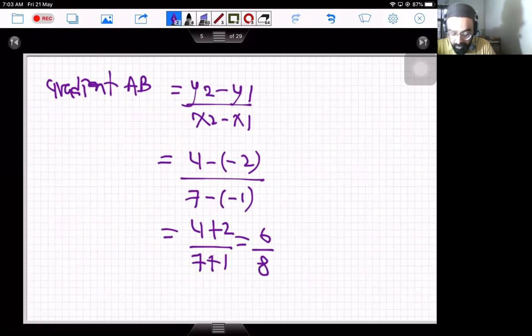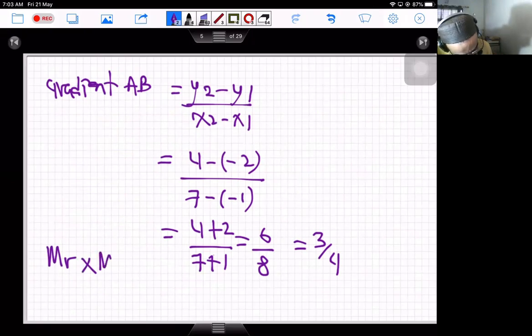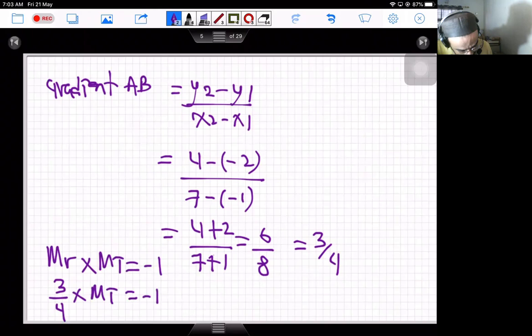And the gradient of the AB line is 3 over 4. Since the radius and the tangent are perpendicular to each other, the gradient of radius multiplied by the gradient of tangent is equal to -1. So 3 over 4 multiplied by the gradient of tangent is equal to -1. Therefore, the gradient of tangent is equal to -4 over 3.